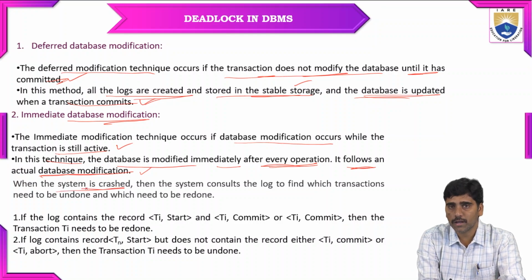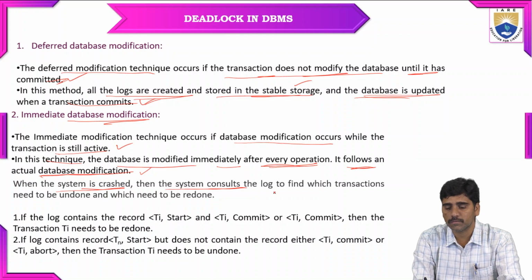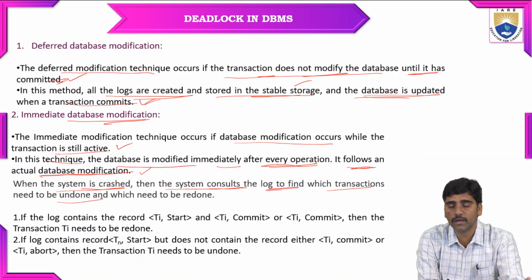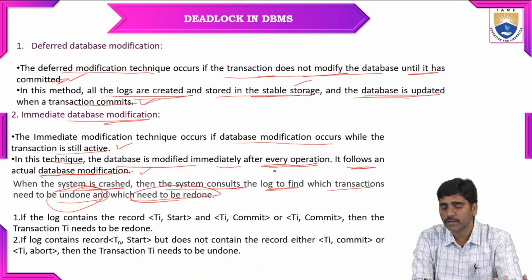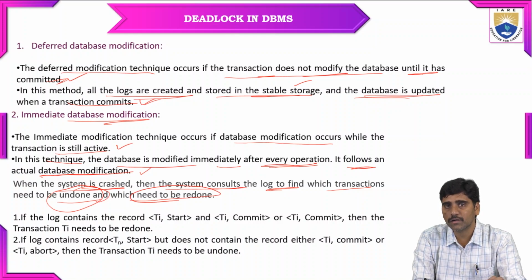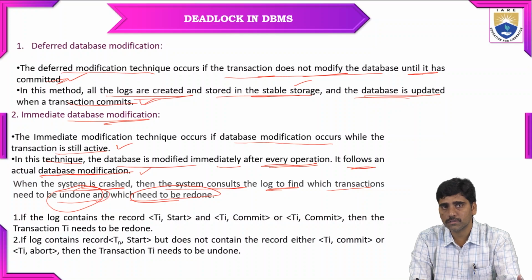When the system crashes, the system consults the log to find which transactions need to be undone and which need to be redone. Which transaction is to be undone and at what time it is to be redone is maintained in this log-based recovery.